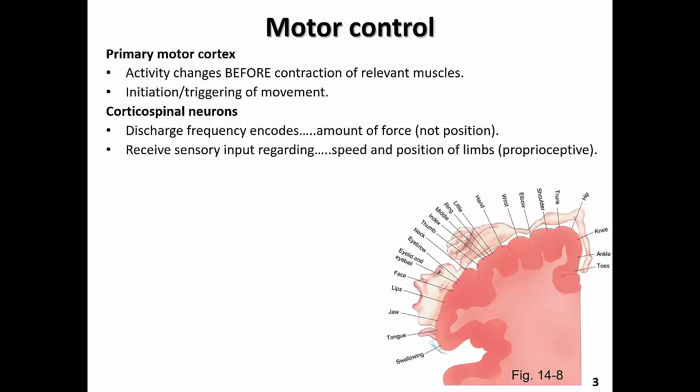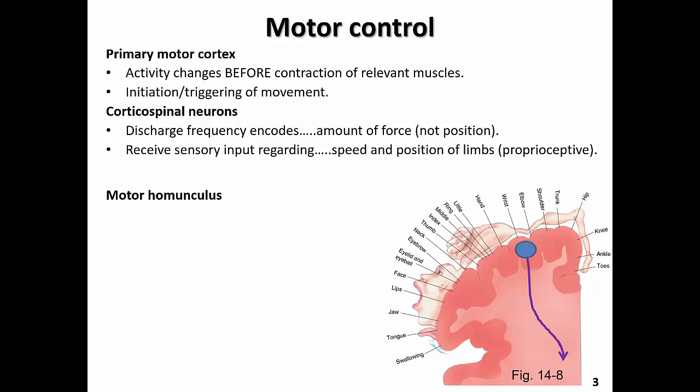So the sensory information coming from the periphery will provide information not just from the contact with the external world, but also relates to the speed and the position of the limbs, often described as proprioceptive.